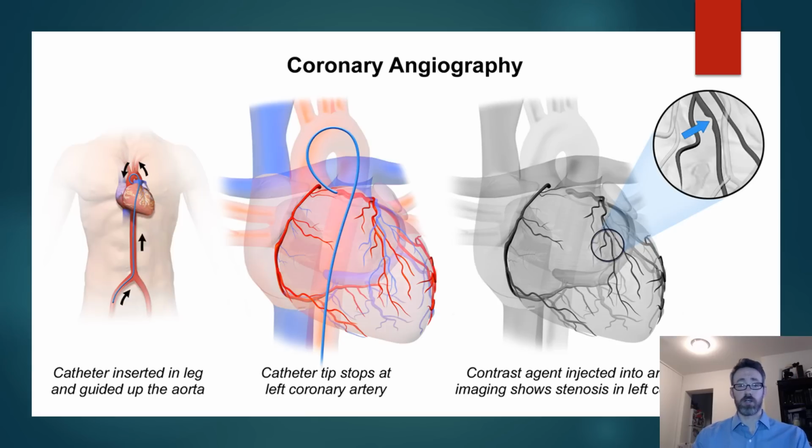So this is just a cartoon showing the coronary angio. This is the catheter that's snaked up through the artery, probably through the femoral. You can see there, as it moves all the way up from the leg artery around through the aorta, and then right at the base of the aorta, where it's connected to the heart, just above the valves, you have the opening to the coronary vessels.